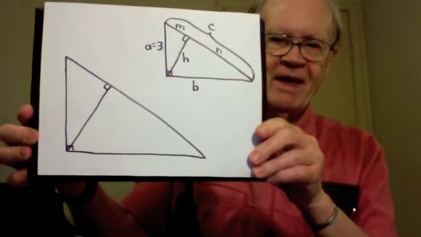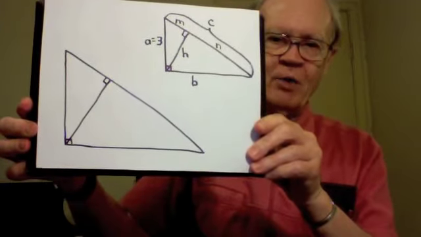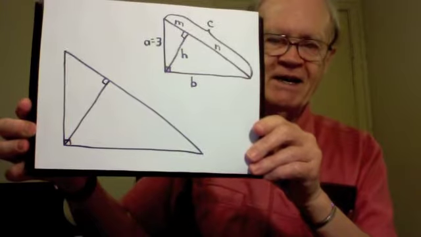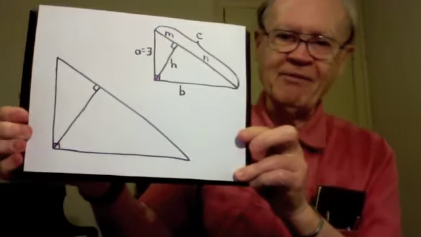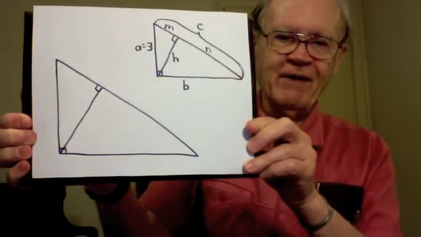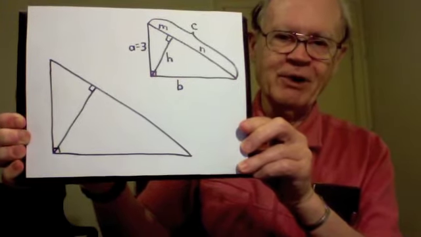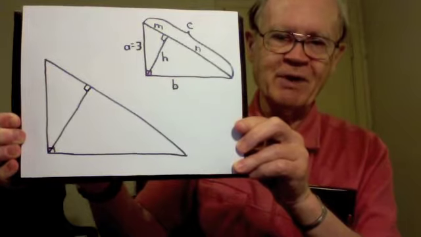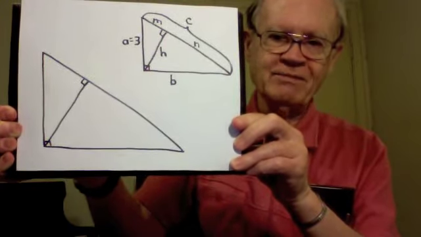But M, N, and H are not whole numbers, but you are to find B and C, and then also find M, N, and H. Then after that, you're supposed to figure out a larger triangle similar to the original, that means it has the same shape, in which all 6 of these variables are whole numbers.